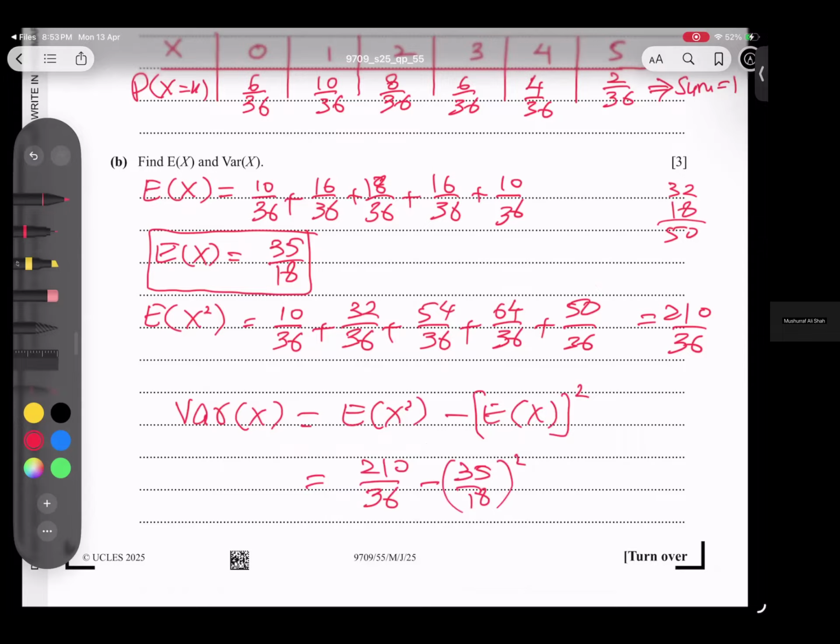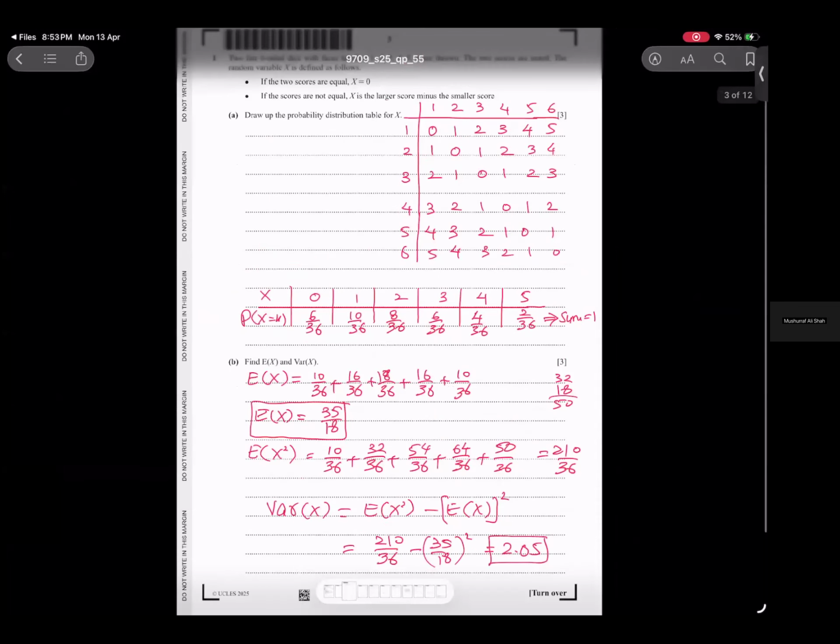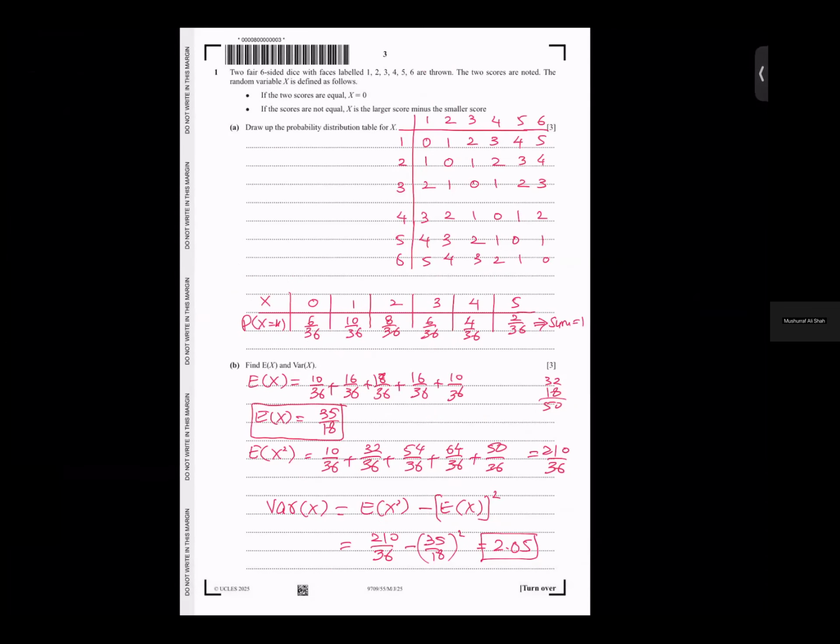It's just a matter of typing in the calculator. 35 over 18 and square. And I'm getting the decimal form. So the answer turns out to be 2.05 after rounding. I hope the concept of the question is completely clear.